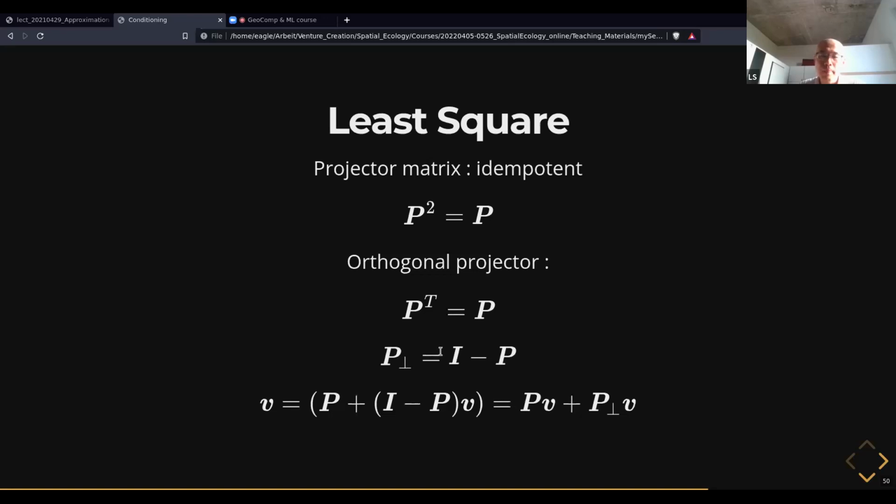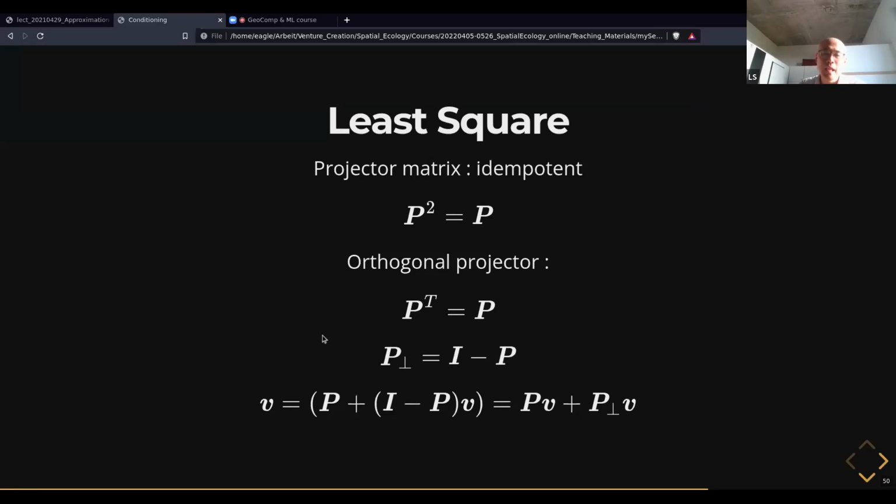And if this one is orthogonal, you can also define a perpendicular projection, which is the identity matrix minus this projection matrix. And you can also divide the space into two components, which is the projection by itself and the complementary, or perpendicular, projection of the same vector.